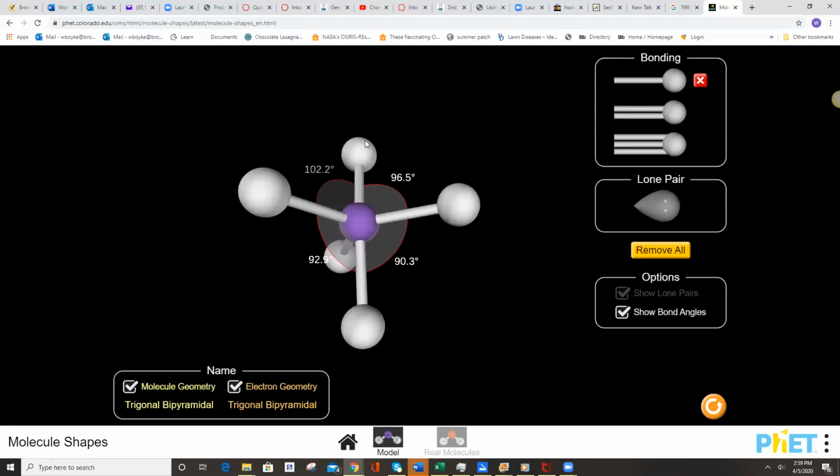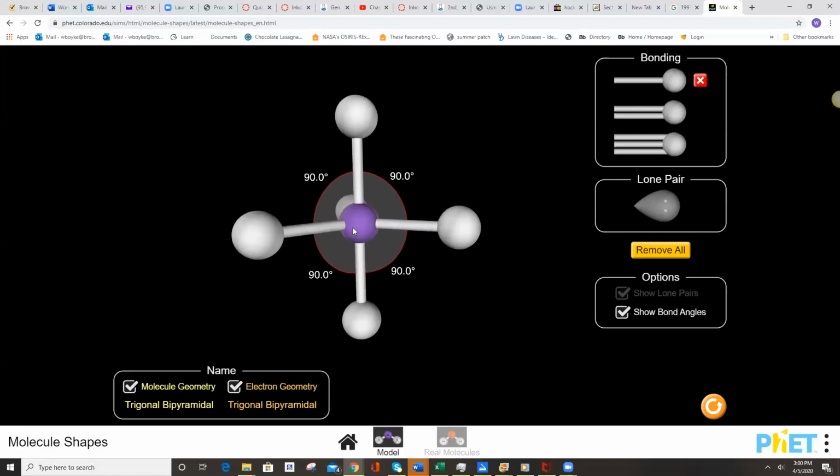What we also have is if you look at the angle between an axial outer atom and an equatorial outer atom, you're looking at a 90-degree bond angle. And the one that's not listed here but is still present, you need to make sure you have it, is that 180-degree bond angle between axial and the other axial. So here we end up with three different bond angles: 90-degree bond angles, 120-degree bond angles, and 180-degree bond angles.